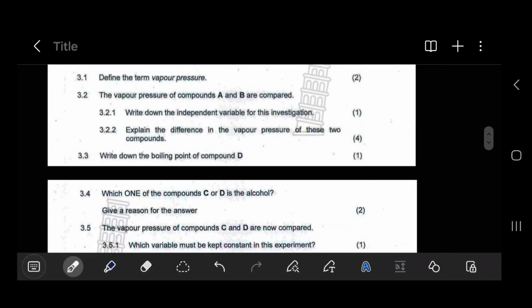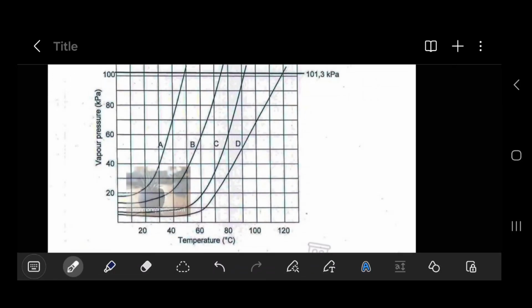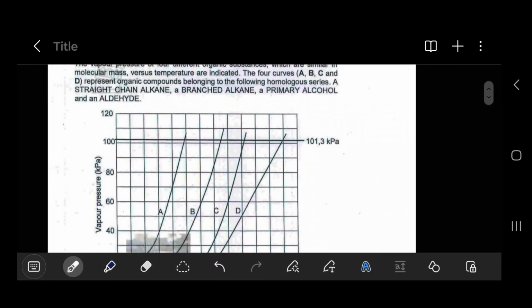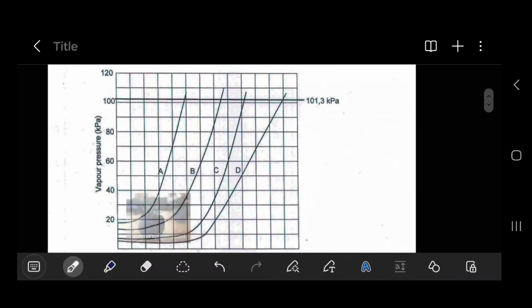Now, 3.2.2 says, explain the difference in the vapor pressure of these two compounds. So, firstly, if we look at our curves of the graph, A appears to have the highest vapor pressure out of all 4 compounds.